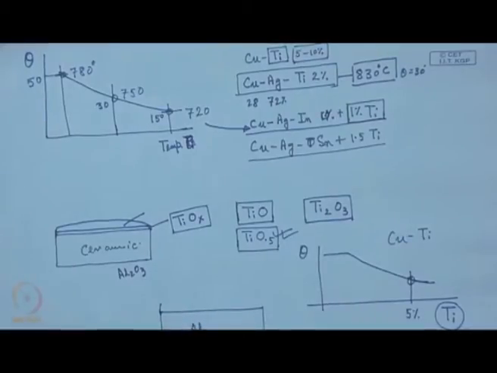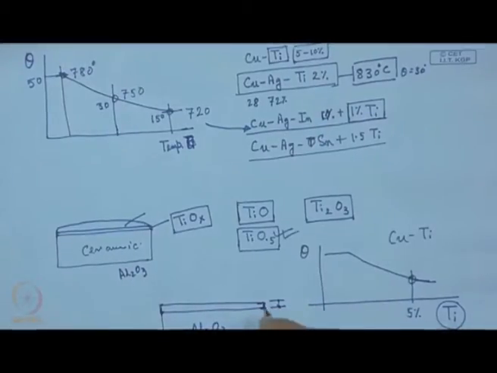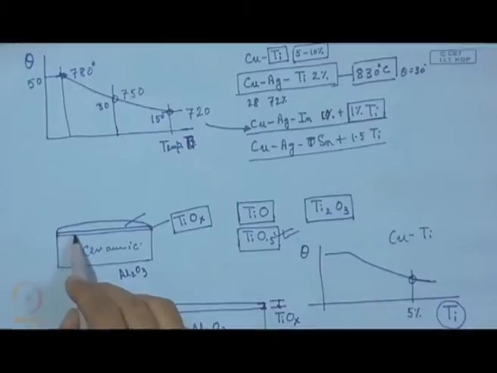So, this is Al2O3, and over this surface we get a thick reaction layer, and this thick reaction layer definitely promotes wetting, there is no doubt about it. The outer surface is also TiOX, where X is around 0.5, but this is thin and this is thick, over which we also have good wetting.